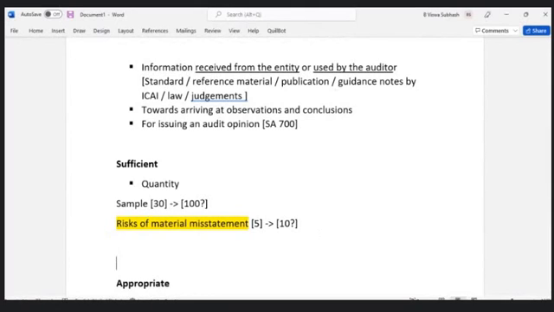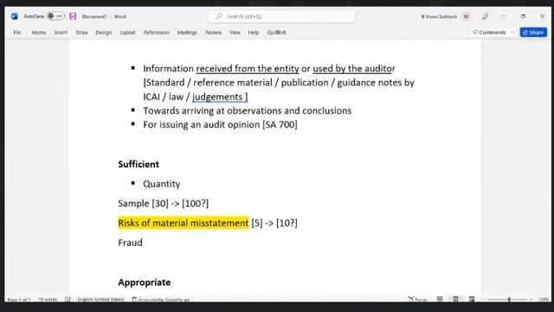Naturally, if a fraud is observed, the sample size will increase to 100%. You will try to check all of the documents in that ledger. Otherwise, we will simply go by the sample size.